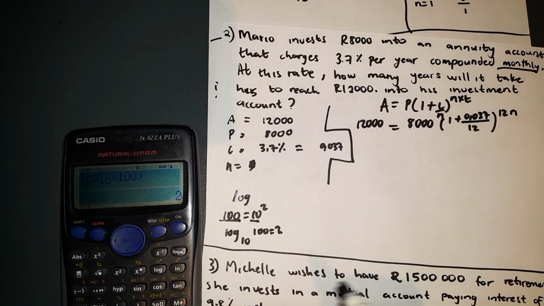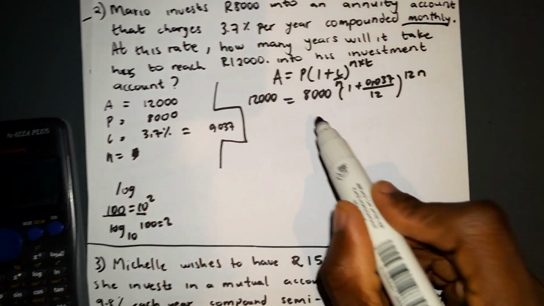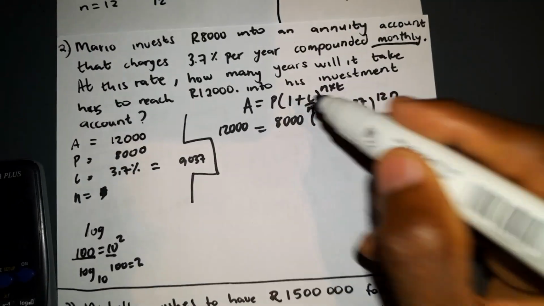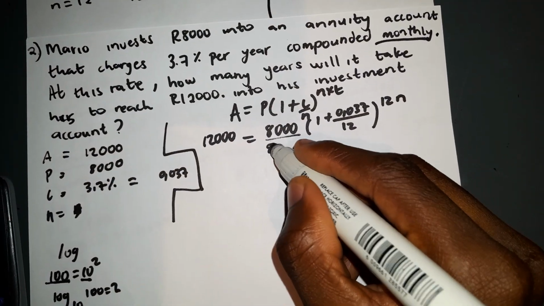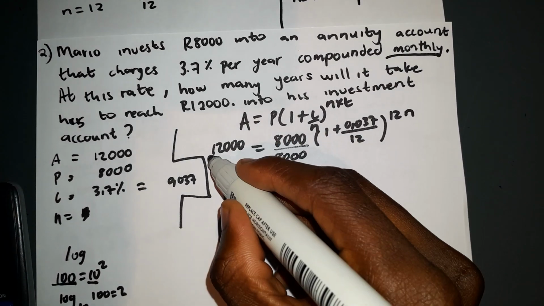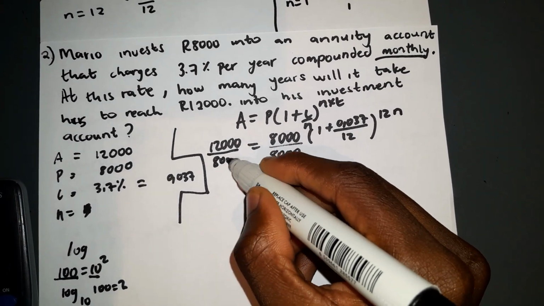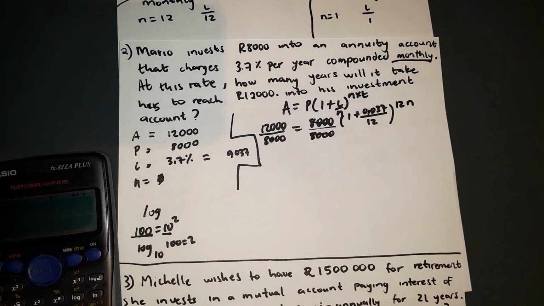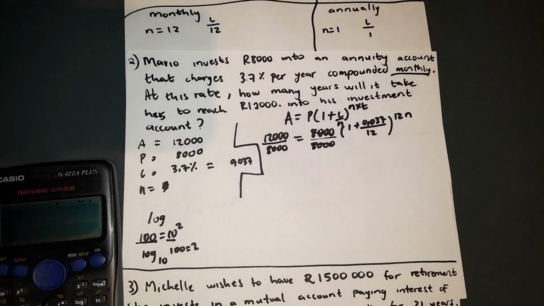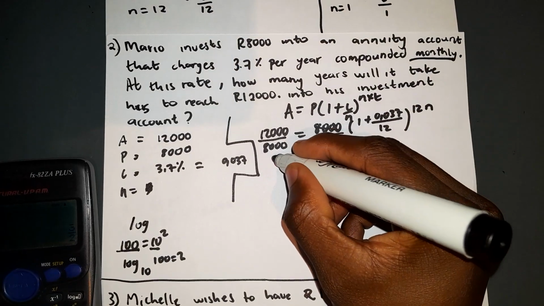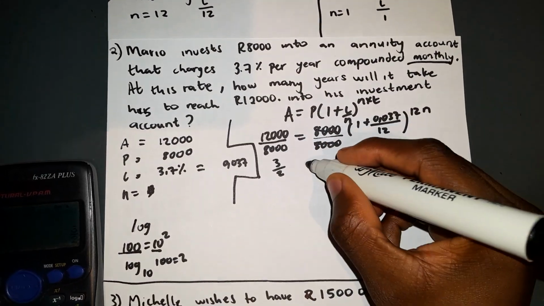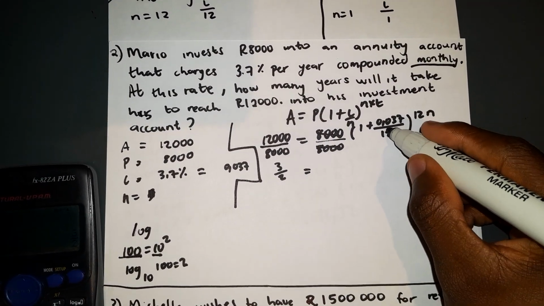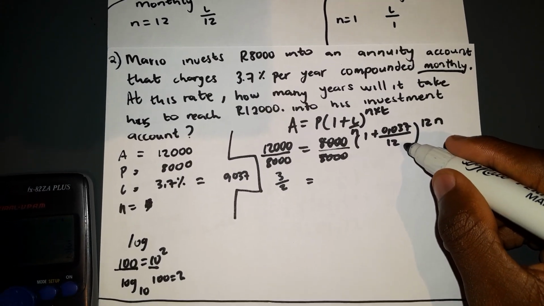So which means we must make sure that we remove this, we divide by it on both sides, and our answer will be 3/2. Then add everything that is inside the brackets.